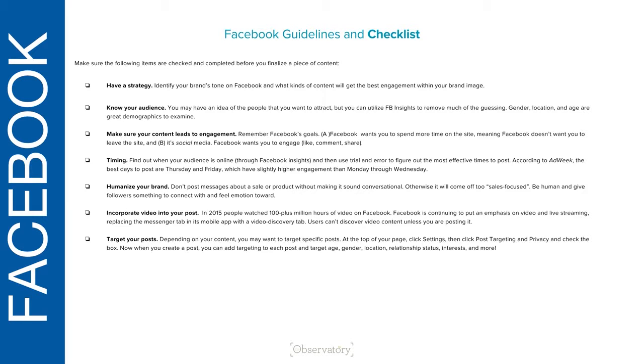And another thing you can do, which a lot of people don't realize, especially as a brand, is target your posts. You could have a different post for different parts of the country or for different audiences, so that it only gets seen by a certain group. You can Google how to do it or go to the Facebook help section, and they'll explain how to specifically target your posts for a certain group of people.